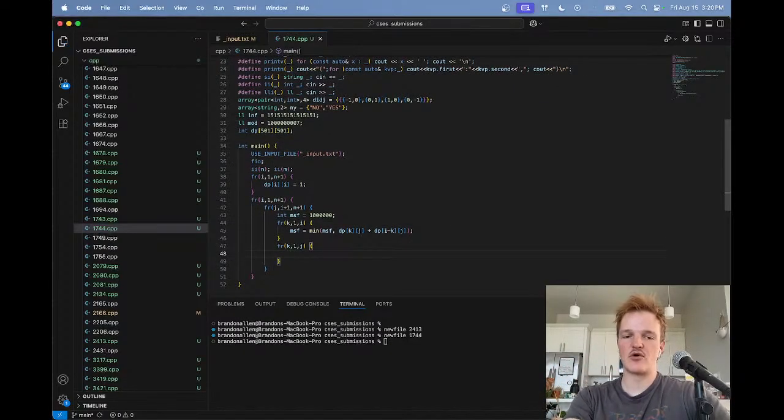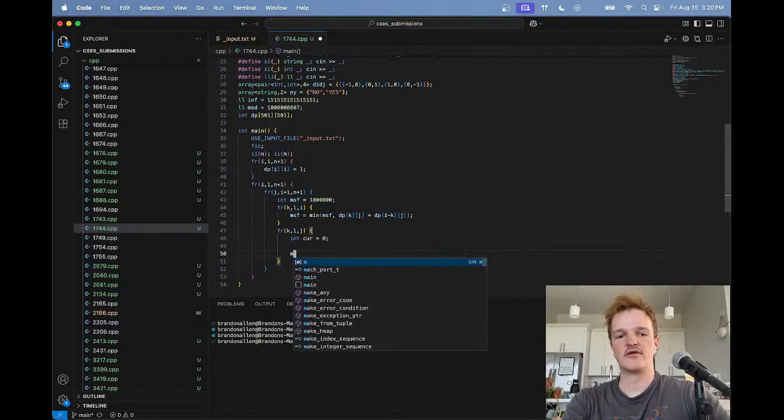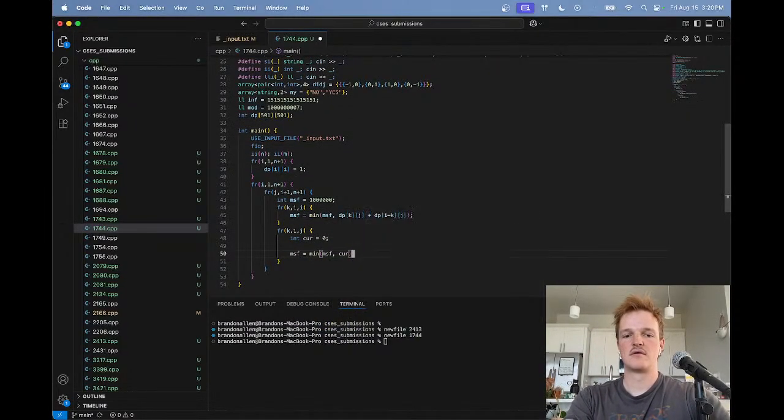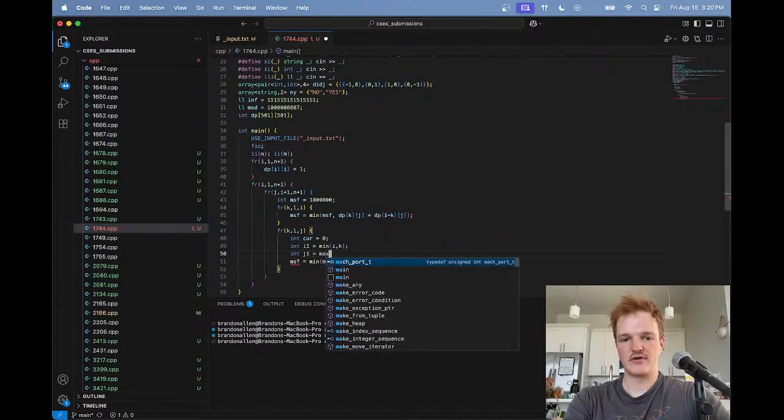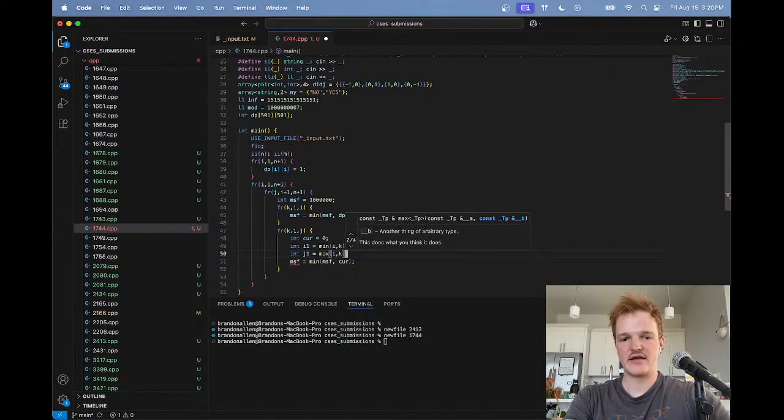But this part I need to be more careful. So this part I'll say cur is 0, int i1 is equal to min i and k. Int j1 is equal to max i and k.